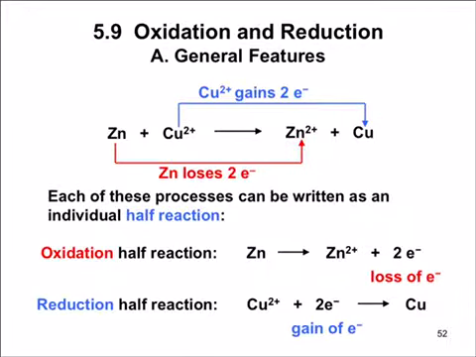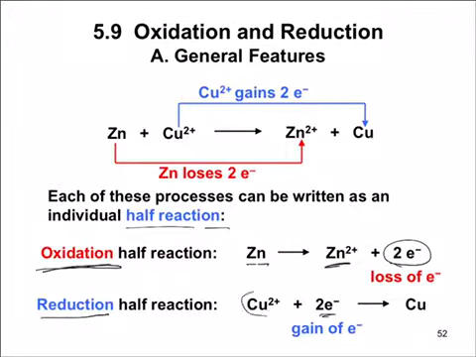Now we can write these reactions as half reactions. Okay? The half just involving the zinc and the half just involving the copper. So the zinc half reaction would be the oxidation portion. Zinc goes to zinc ions plus 2 electrons. The reduction half reaction would be the copper gaining 2 electrons. So copper 2 plus the 2 electrons goes to copper.